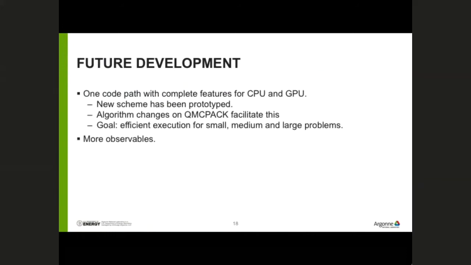I mean all the vendors. Our goal is to have efficient execution for small, medium, and large problems. Although at the moment I have only done the large problems, hopefully soon we will help you get the small and medium problems running efficiently.